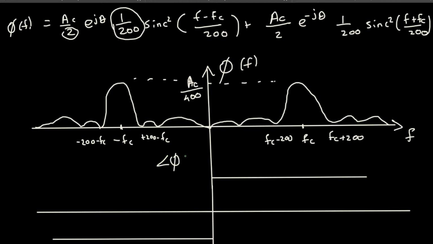Phi of f, phase angle, and this is 0, and this one is at minus theta, and this one is at plus theta, and then this is in frequency.